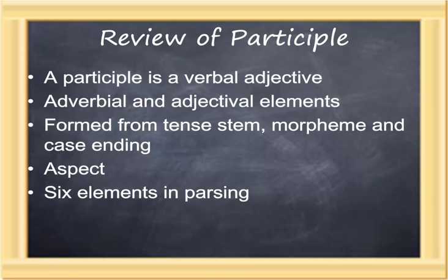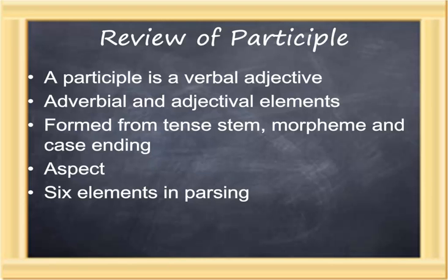So let's review what we've learned about participles so far. A participle is a verbal adjective, and so it will have adverbial and adjectival elements, both in terms of its form and in terms of its function. In terms of form, a participle will have adverbial or verbal elements, so it'll have tense, mood, and voice.